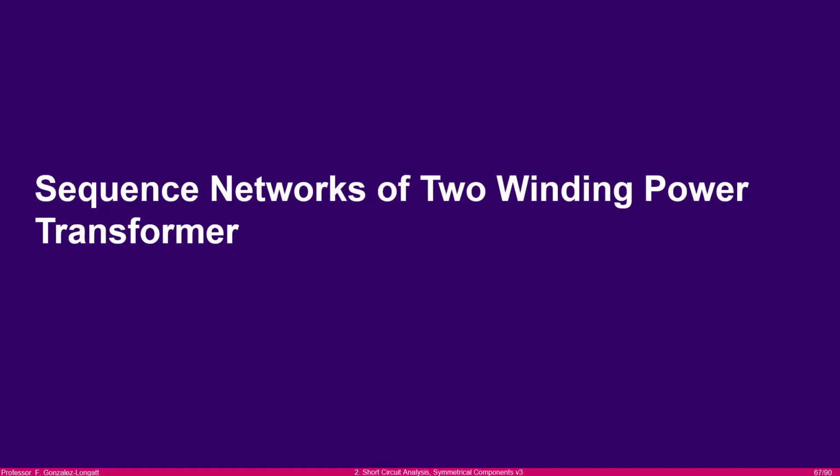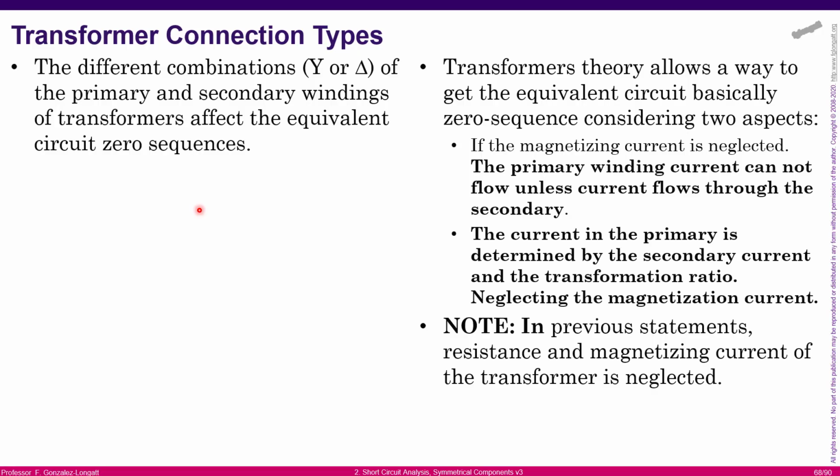Now, the next step is we need to talk about the sequence network when we are working with 2 winding transformers, okay? As you must remember, when we are working with 3-phase systems, there are basically 2 different balanced and symmetrical 3-phase connections.